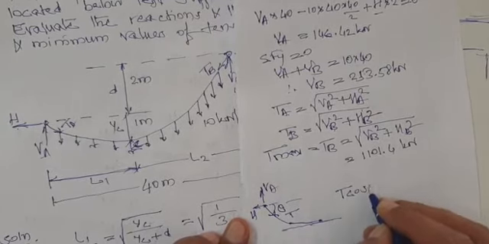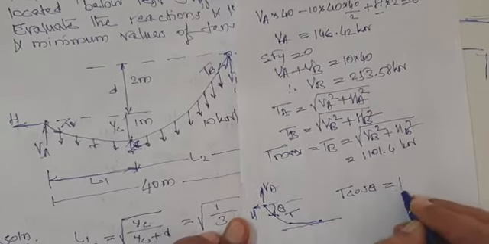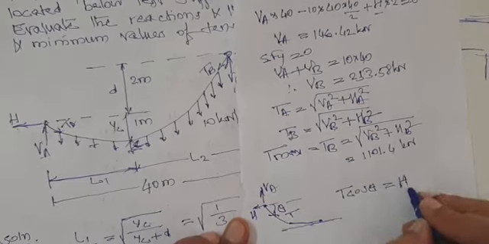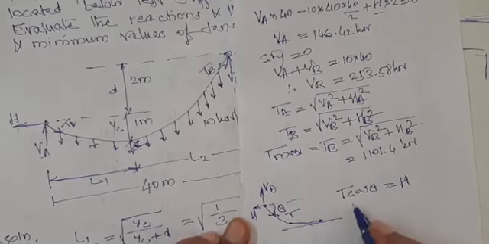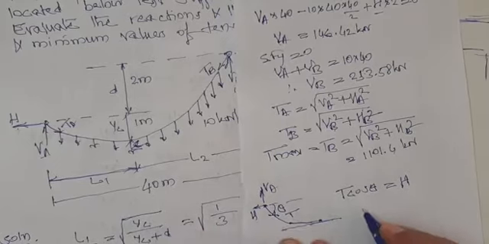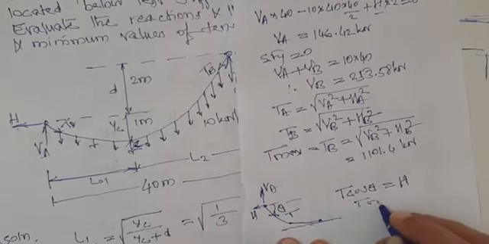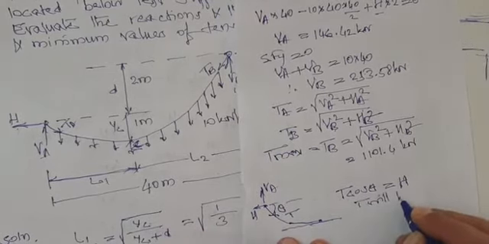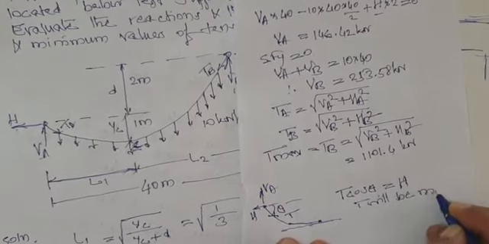T cos theta is equal to H. So T will be minimum.